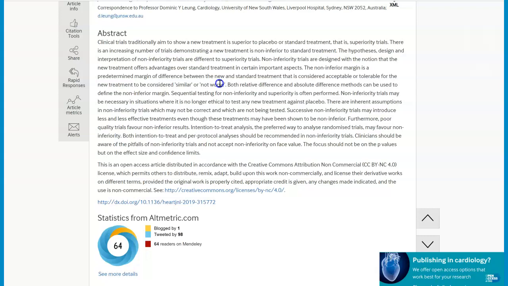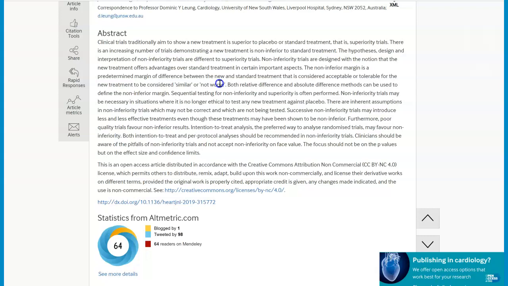So when we're talking about non-inferiority trials, it's a bit difficult to pronounce, but they're designed with the idea that a new treatment offers advantages over standard treatment in certain important aspects. The non-inferiority margin is a predetermined margin of difference between the new and standard treatment that is considered acceptable or tolerable for the new treatment to be considered similar or not worse.